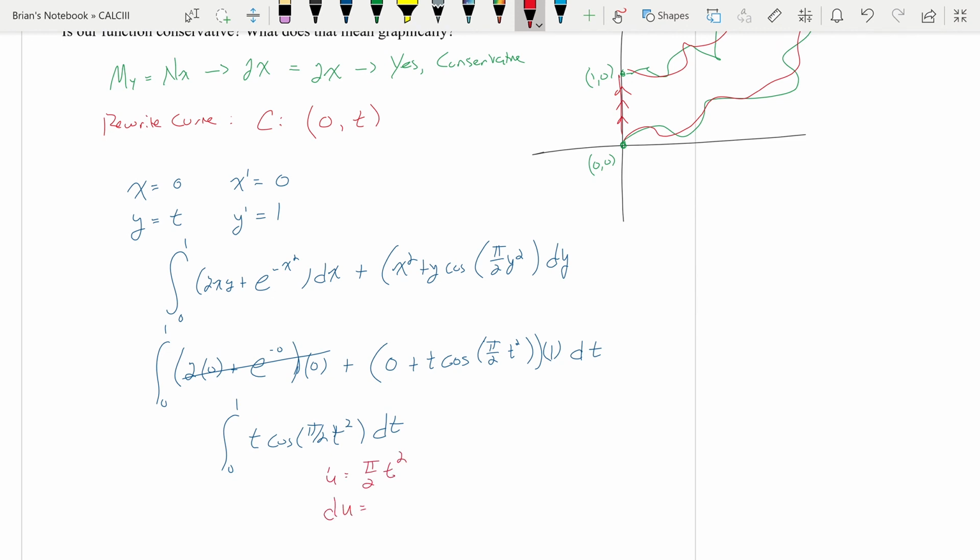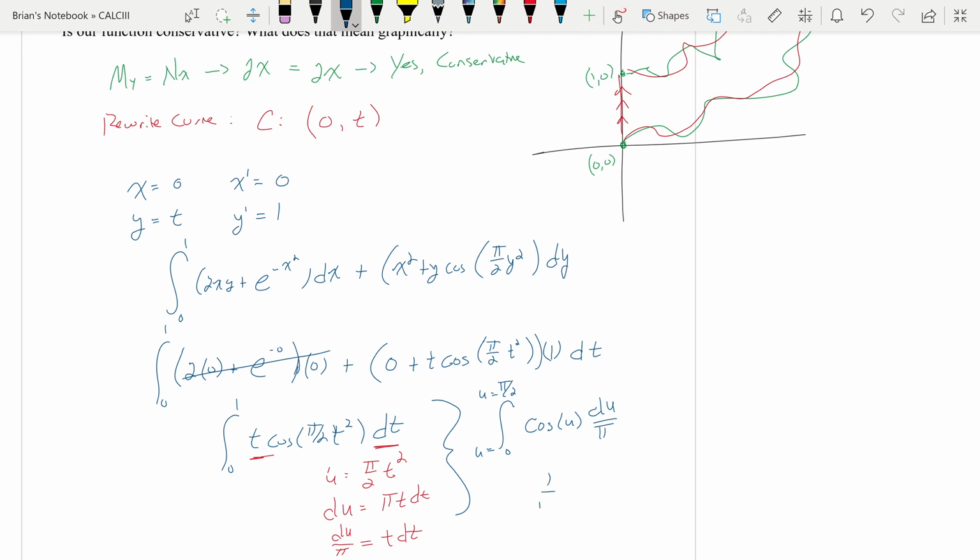Then du equals pi t dt, so du over pi is equal to t dt. With the u substitution, the bounds go from 0 to pi over 2, and we have cosine of u du over pi.